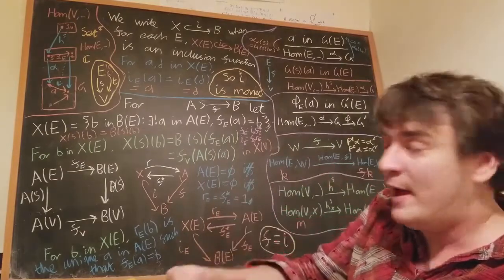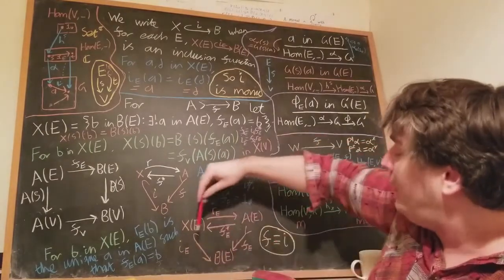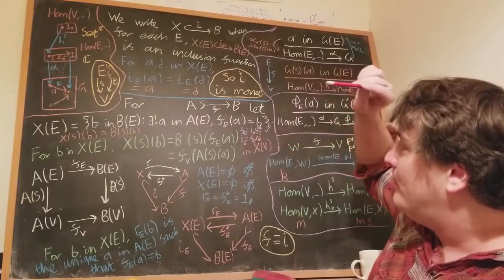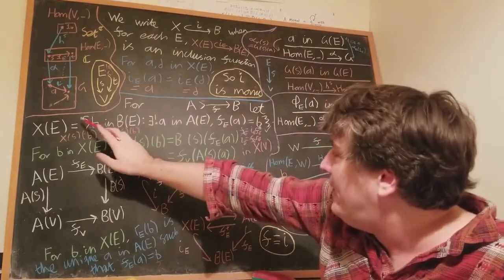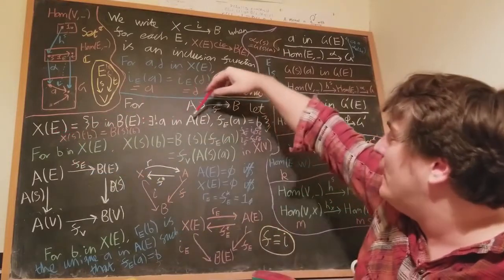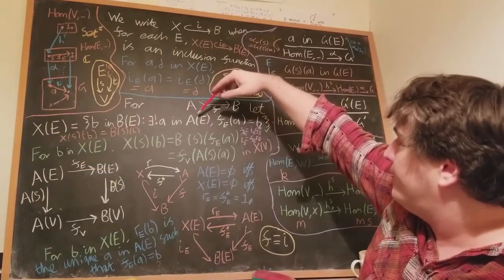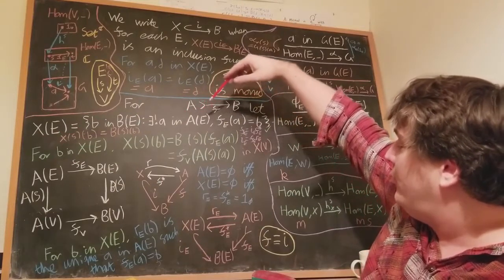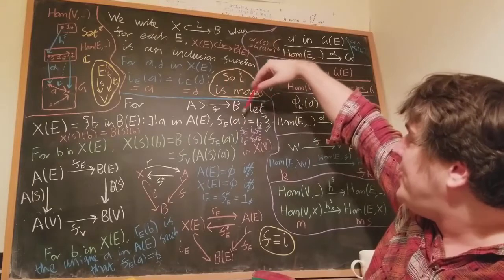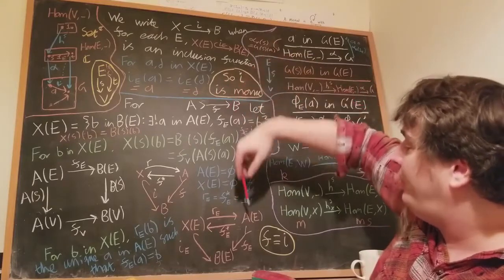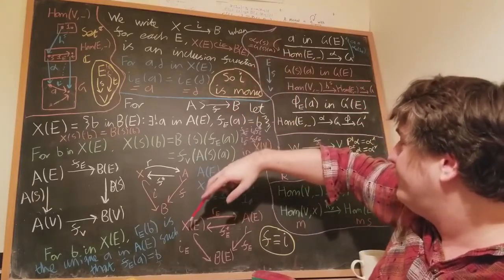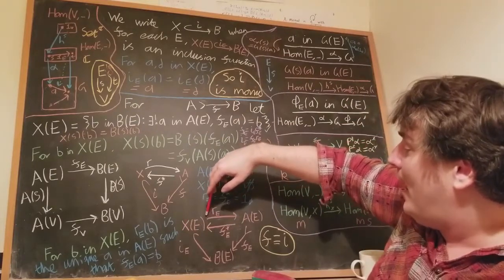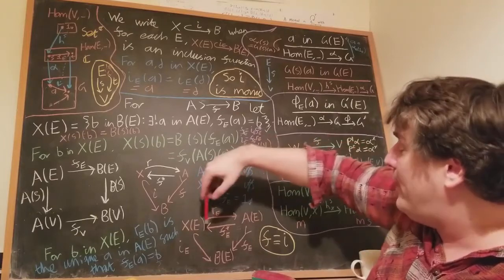The short way to say it is that basically we have an isomorphism here, okay? Because for every element b of x of E, there's a unique element of A of E which gets sent to that b under f star of E in this case. So this f star of E here is an isomorphism, and this R of E is the inverse of it.